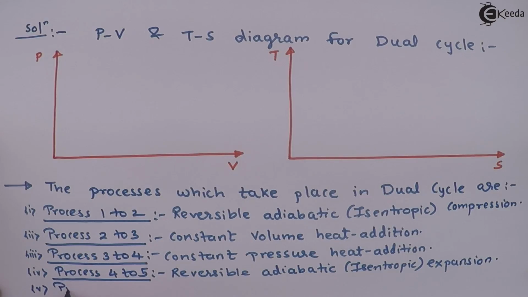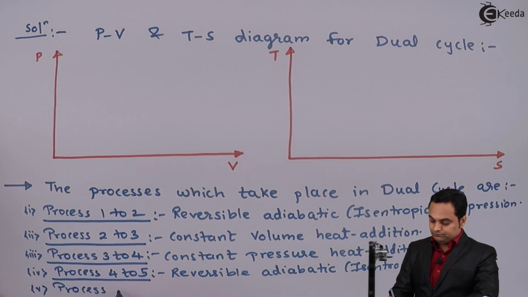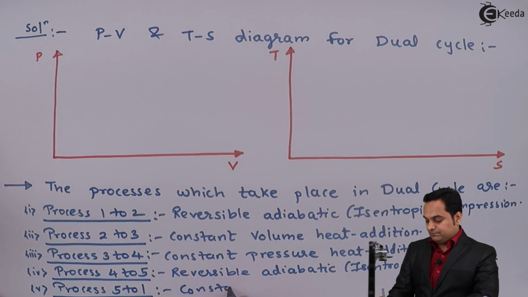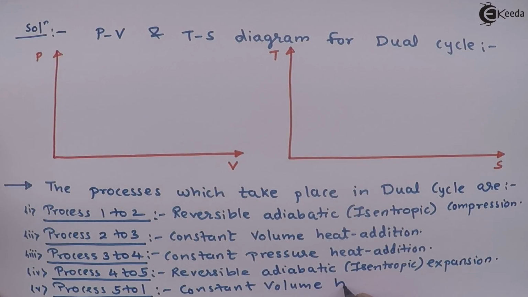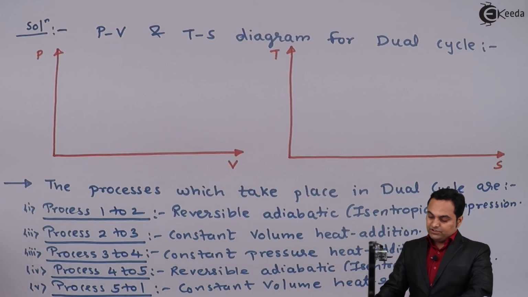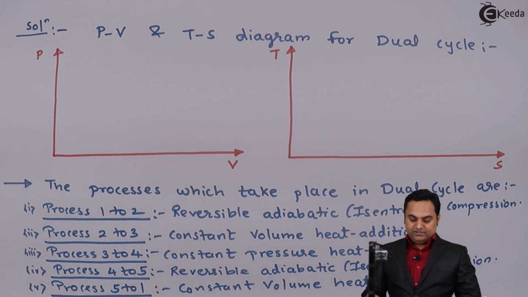At last, process 5 to 1 is constant volume heat rejection. So these are the processes in case of dual cycle, and these processes we have to show on PV and TS diagram.